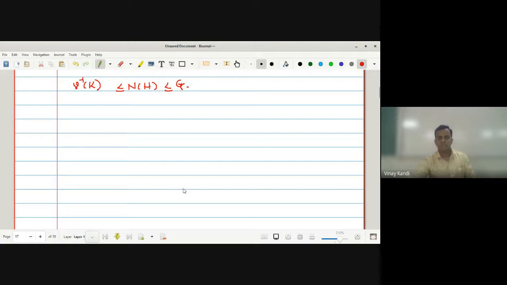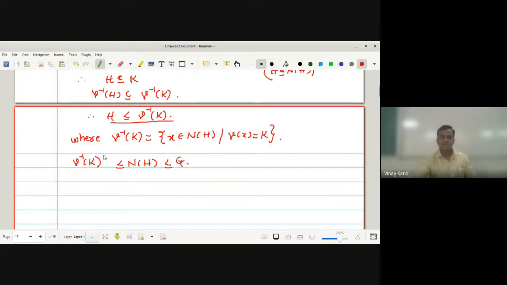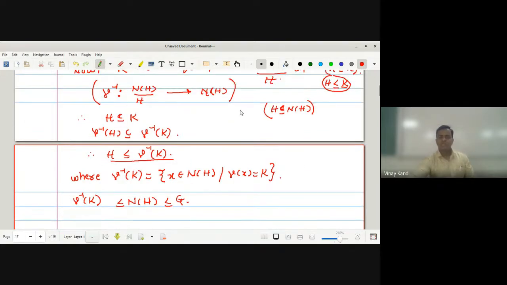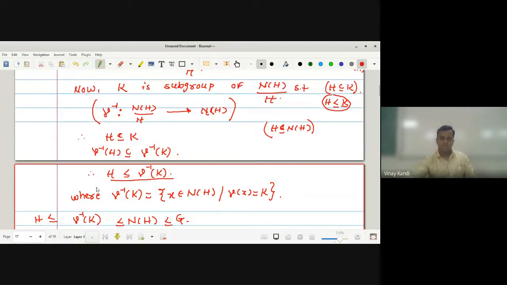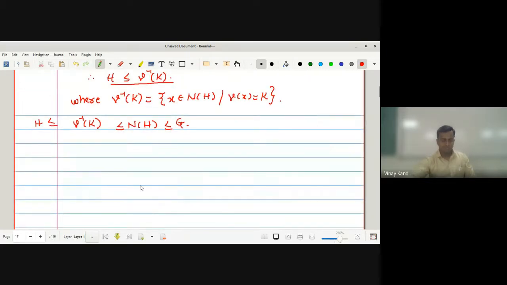Understand properly where the mapping is from and to. Where will gamma inverse of K come? It will be a subgroup of N of H. So we have gamma inverse of K, a subgroup of the normalizer of H, but the normalizer of H is a subgroup of G. Now also here H is a subgroup of gamma inverse of K. Okay, from this one. Any doubt? No, sir.